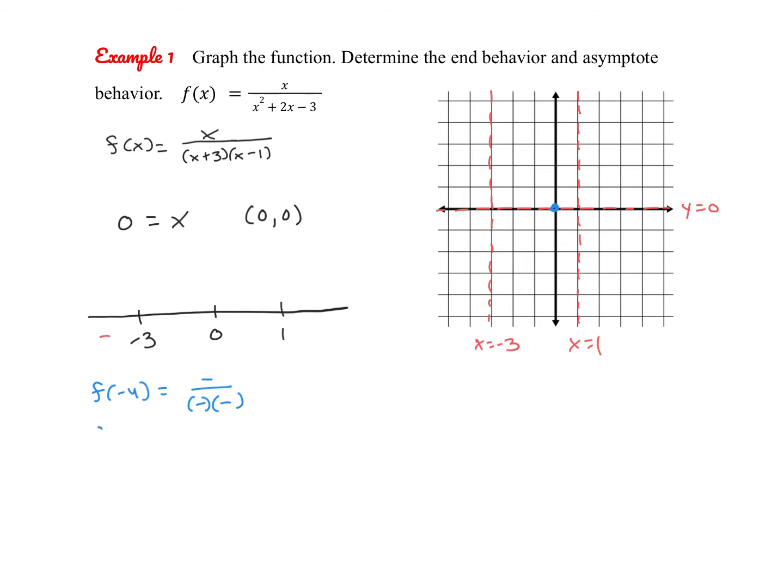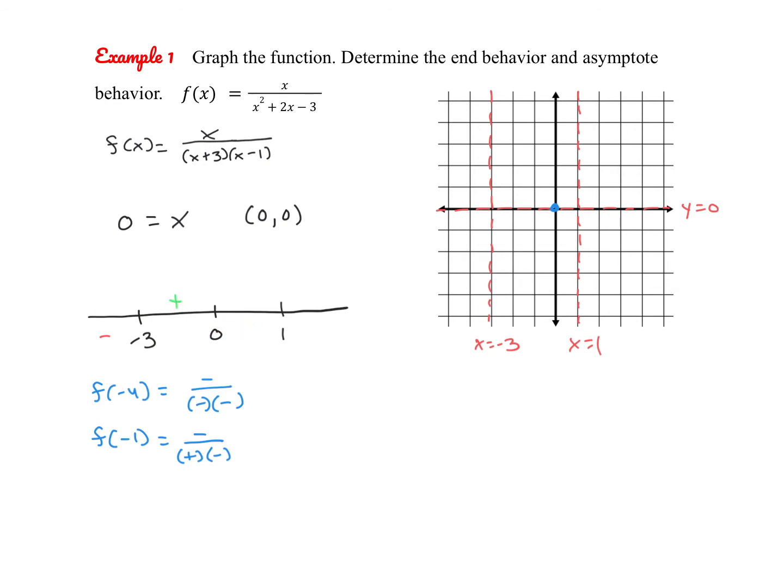And then let's pick a value between negative 3 and 0. How about negative 1? So our numerator, our only factor, would be negative. Our first factor in the denominator would end up being positive, and then our second factor right here would end up being negative, and 2 negatives just results in a positive. So our graph is positive in this region.